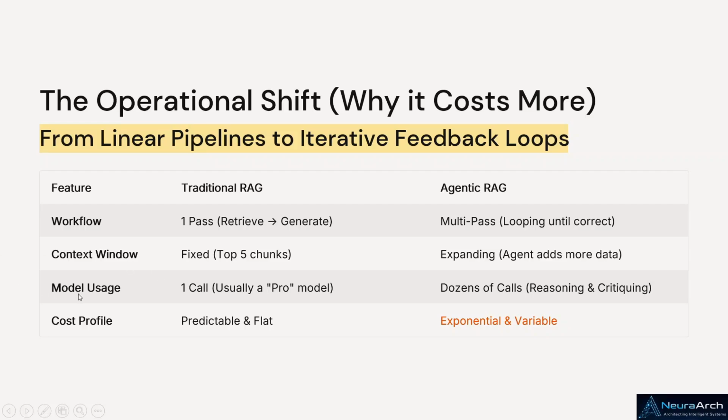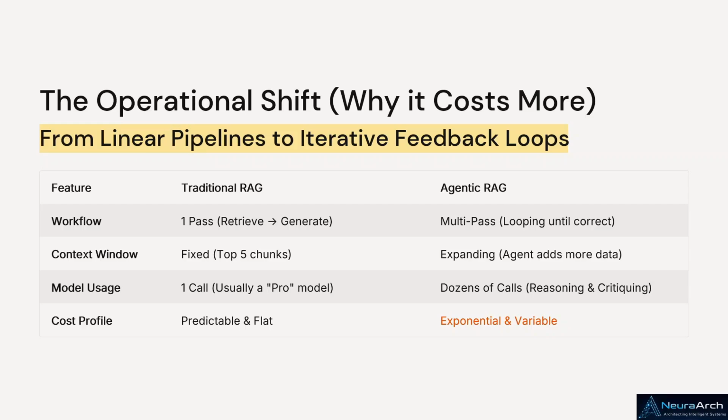Where if you come to the model usage, there is only one LLM associated with traditional RAG to generate, that's the pro model. But in agentic RAG, you have different nodes: researcher, analyst, critic, right? So each node is associated with an LLM. That is why the number of LLMs is increased in the process of agentic RAG.